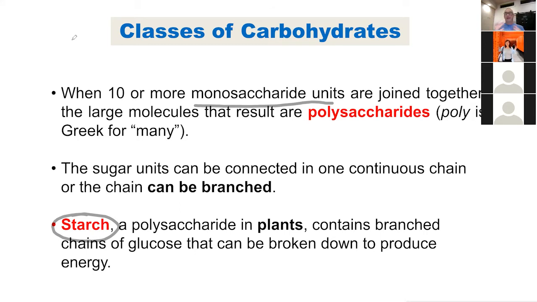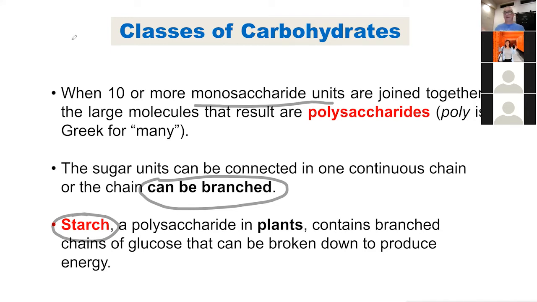And they can either be in one long continuous chain, or you can branch them. Now, starch has branched chains of glucose. Starch is all glucose, and we'll find out cellulose is all glucose too. So it just contains branched chains of glucose, and you can basically pick them off one at a time, turn them into glucose, and then digest them.